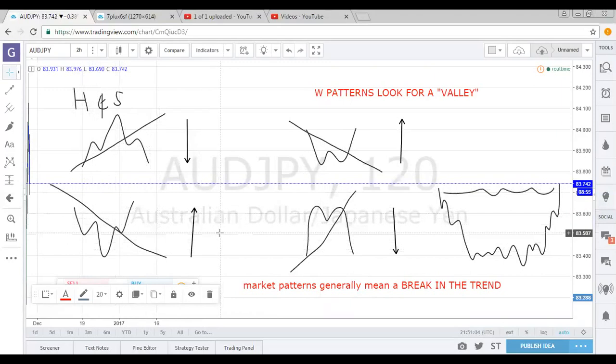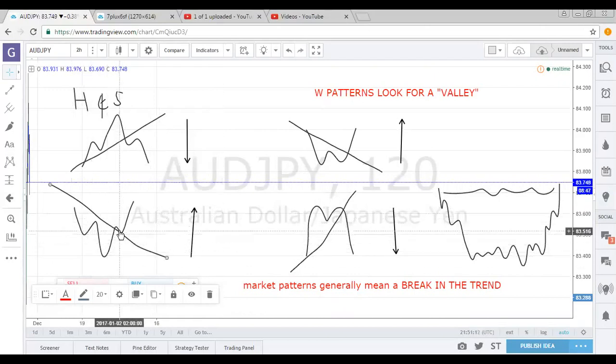Okay, so these patterns are opposites from each other, and they respect trend lines. That's pretty much how these patterns are formed. Okay, so the inverted head and shoulder pattern.